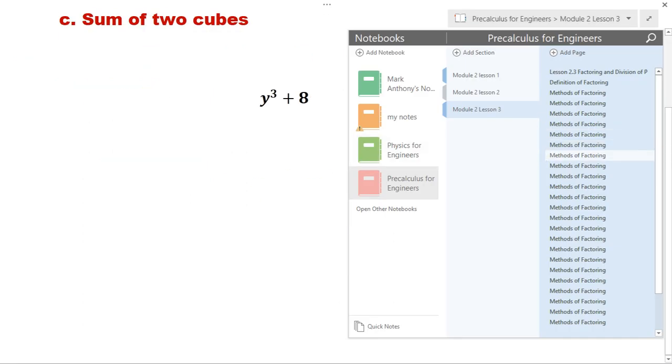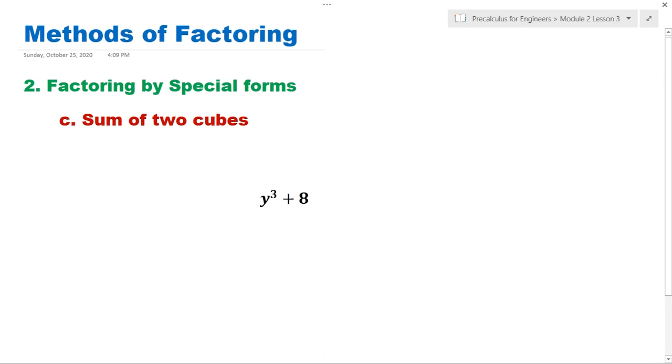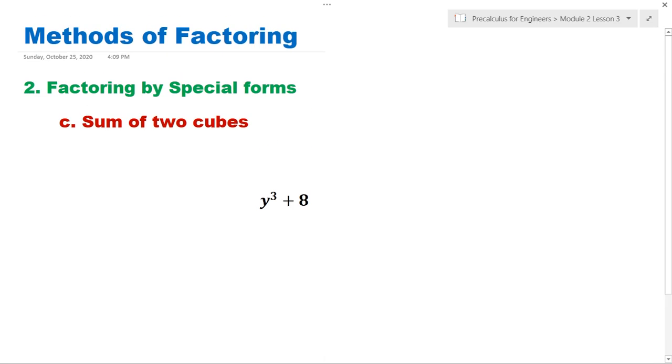Next, we have sum of 2 cubes. So, for sum of 2 cubes, let's say if we have A cube plus B cube, this is the same as A plus B, then multiplied by A squared minus AB plus B squared.